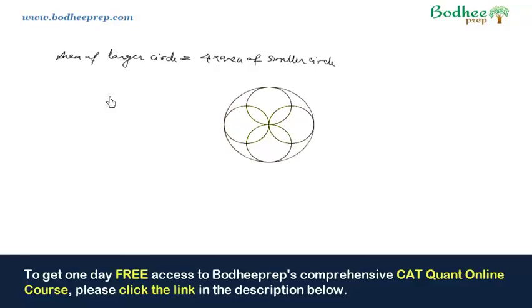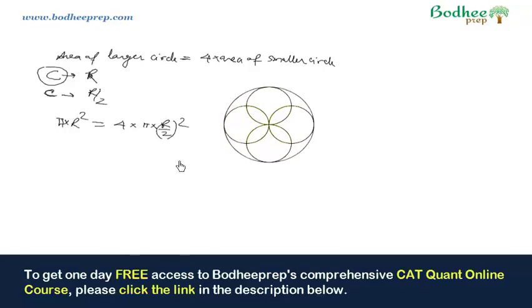Fine. If the radius of the larger circle is capital R, then the radius of each smaller circle will be R by 2. So the area of the larger circle will be pi into R square, and that can be written as 4 into the area of each of the smaller circles.